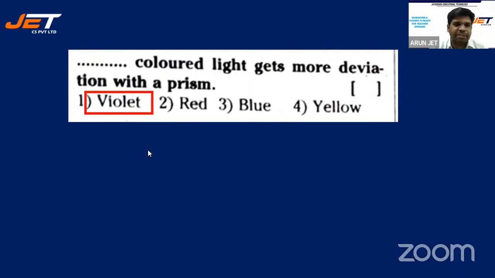Right, let's go to the answer. Violet gets deviated more. Yes. More deviation for violet in a prism.